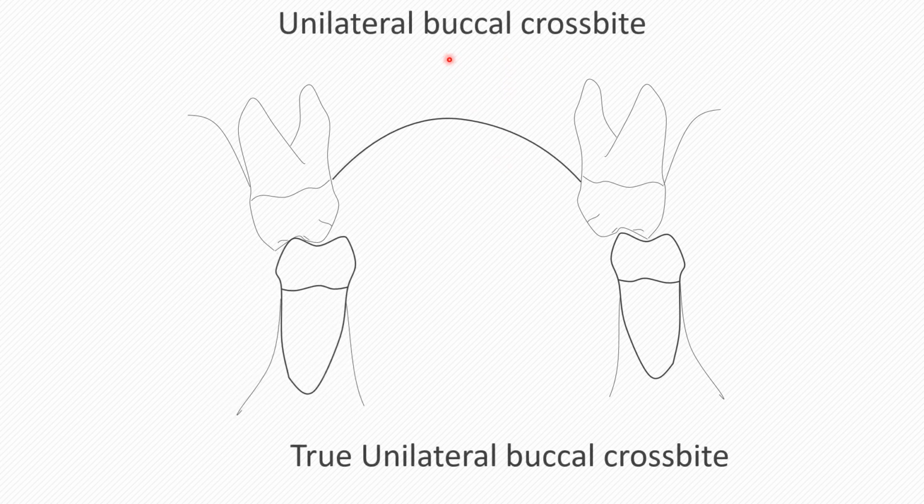When the buccal crossbite involves one side only, as in this case, it is called a unilateral buccal crossbite. When the unilateral buccal crossbite is not associated with lateral mandibular shift or lateral mandibular displacement, it is called a true unilateral buccal crossbite.